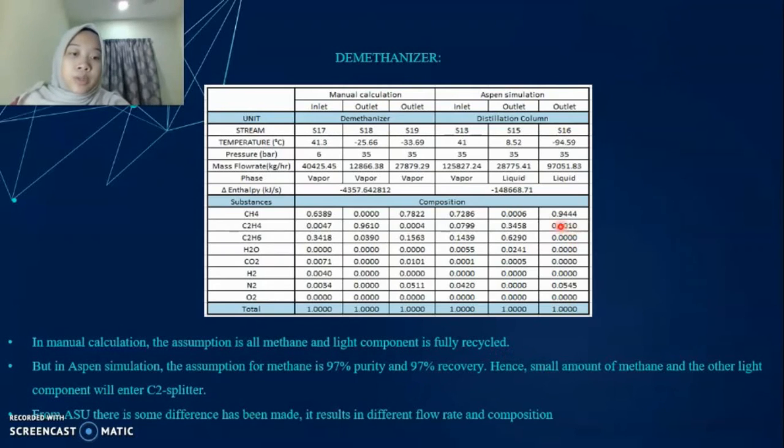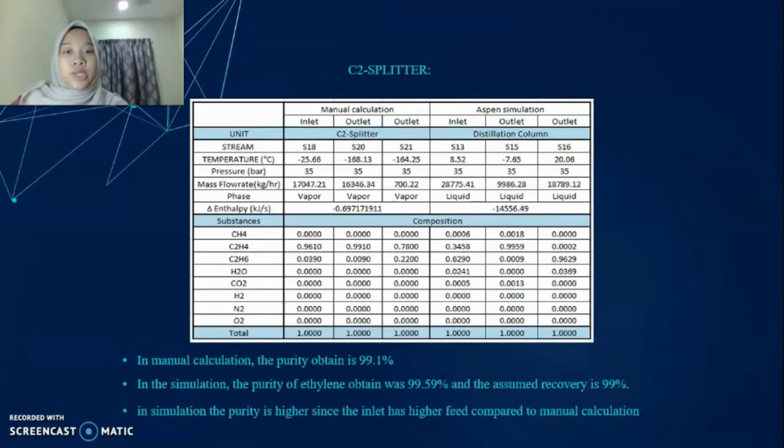Hence, a small amount of methane and other light components will also enter the C2 splitter. So, from the ASU, some changes have been made, which result in different flow rates and compositions between the manual calculation and the Aspen simulation.